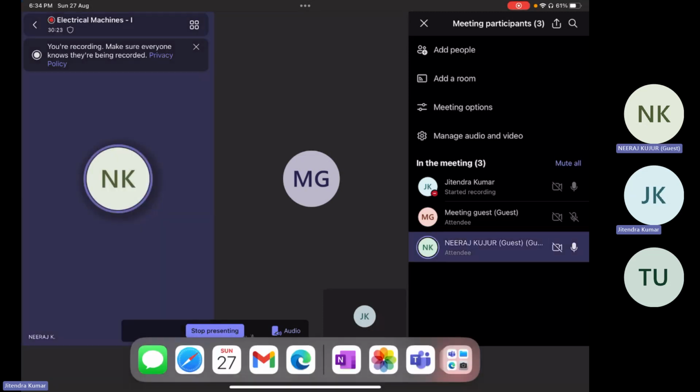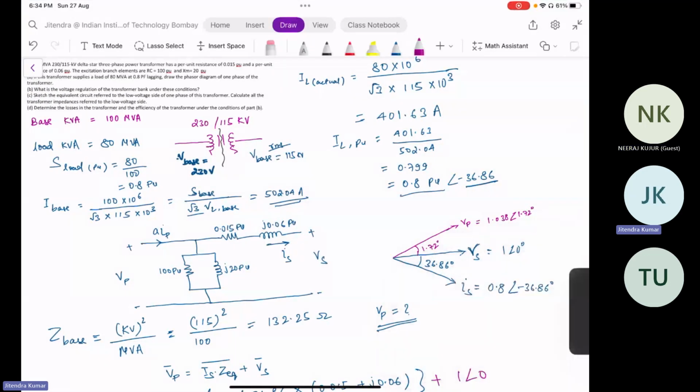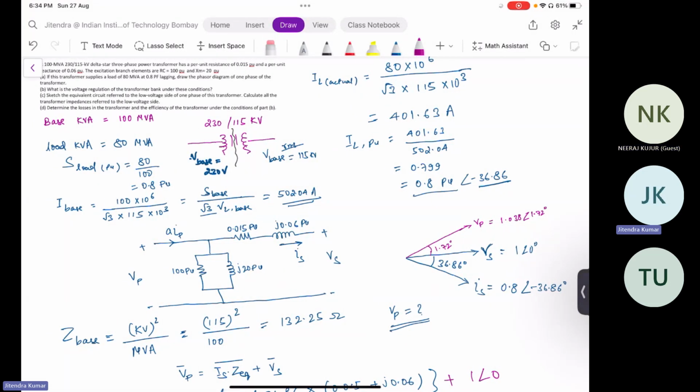Sir, for calculating the I base, we have not used the formula S equal to root 3 multiplied by VL IL for the secondary side, when we were calculating the I load per unit.